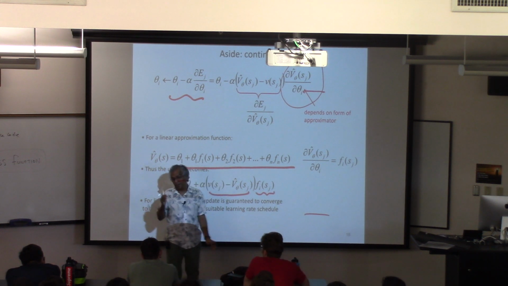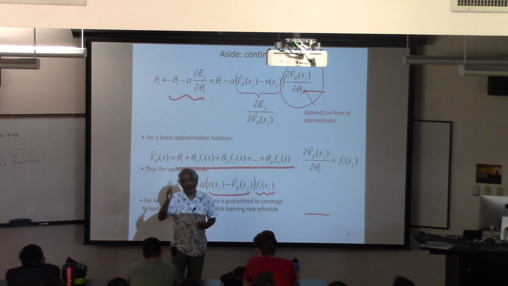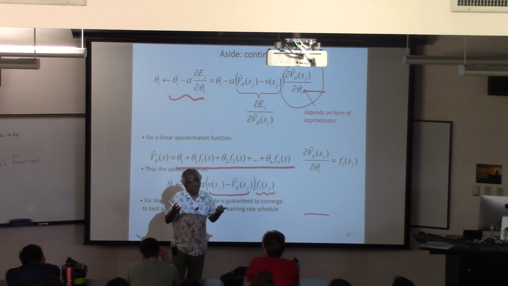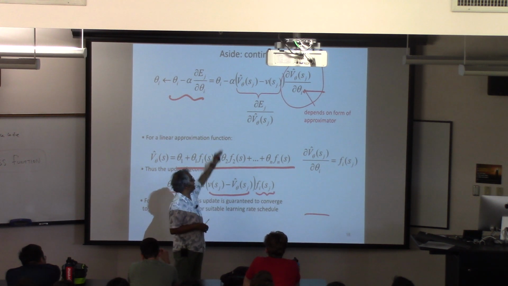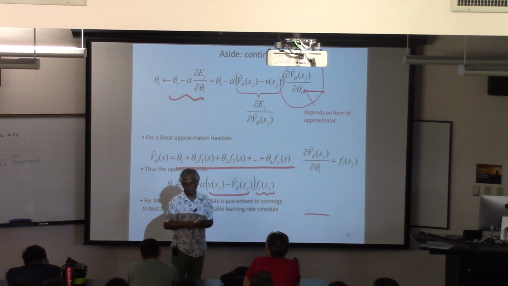In fact, if you suddenly defined error to be V minus V hat to the power 4, you could do that. Then when you are minimizing that, this part will now have a 3 term, 3 times V minus V hat to the power 3. Do you see that?